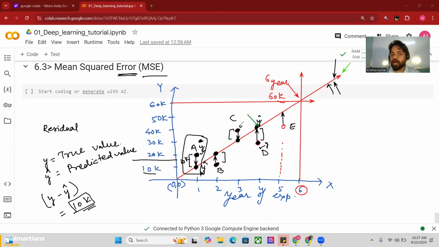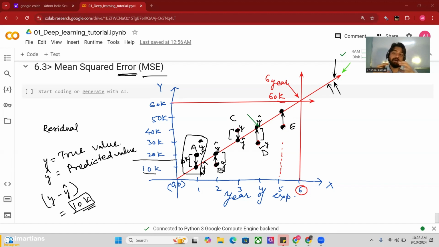Similarly, this is Y, this is Y cap, and this is Y cap here, and this is Y. Again, the difference between these two points will be residual. This will also be residual.